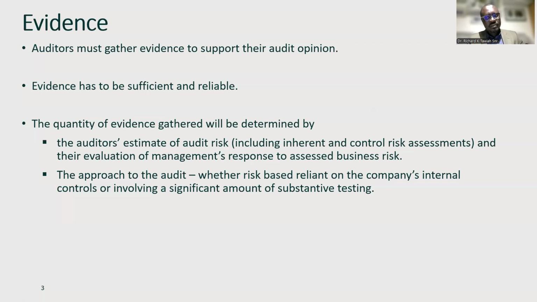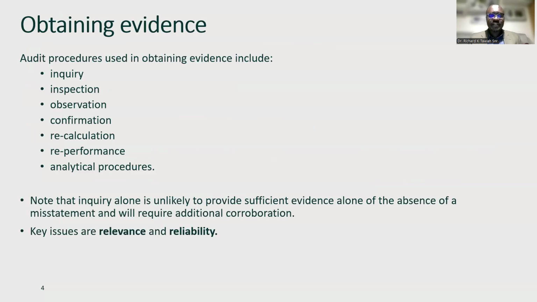Inherent risk, control risk, and detection risk. And their evaluation of management's response to assess business risk. It's also determined by the approach to the audit. Are we going to rely on the company's internal controls, or is our work going to involve a significant amount of substantive testing? That will determine the kind of evidence we gather.